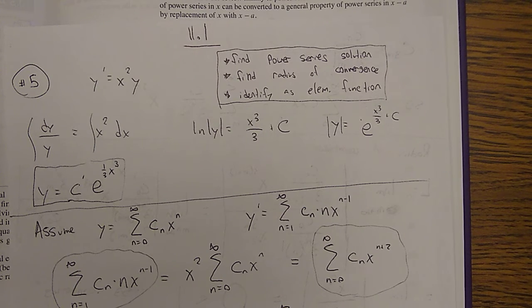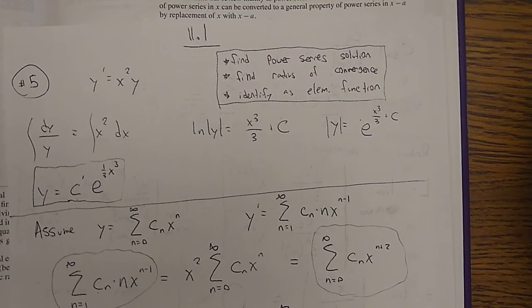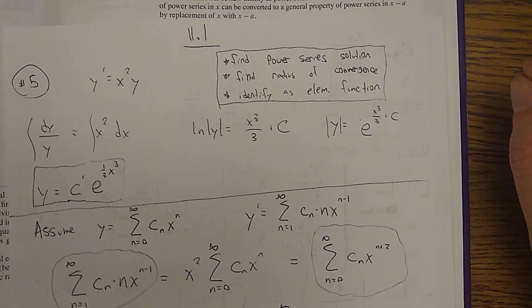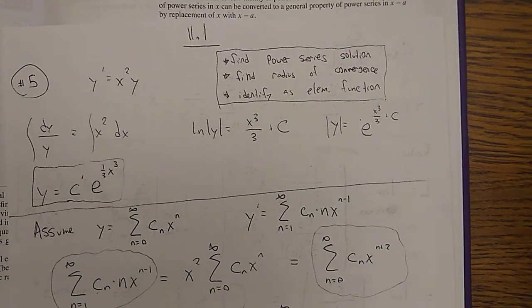In my mind, first of all, the fact that we were able to even solve this one from the beginning using another method, to me, that is kind of not the best example of power series, because the real use of power series is for when the solution isn't an elementary function. Because if it has an elementary solution, then we would already know how to do it before chapter 11.